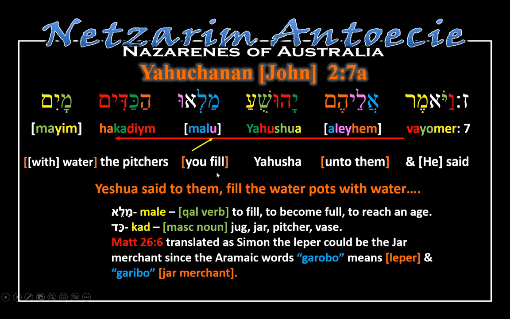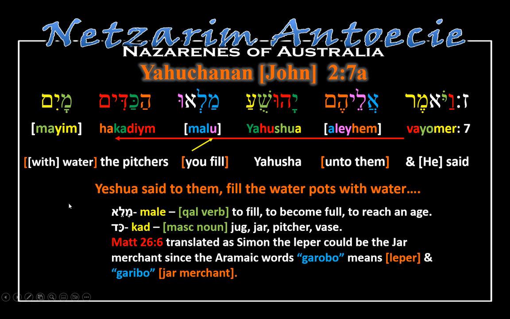And that's because he's talking in the second person. So he said, which means Yeshua is speaking. So therefore it becomes you fill rather than they fill, which is third person. So you fill ha-kadim, meaning the pitchers, mayim, and I've added with water, because naturally that just says water.